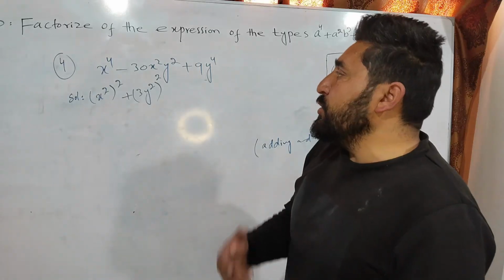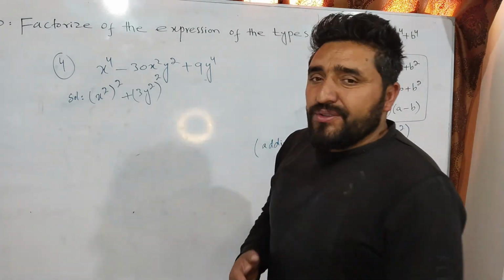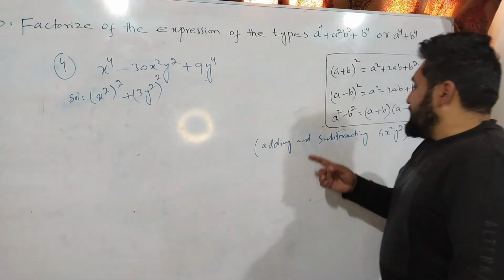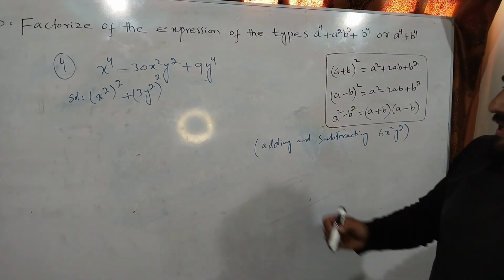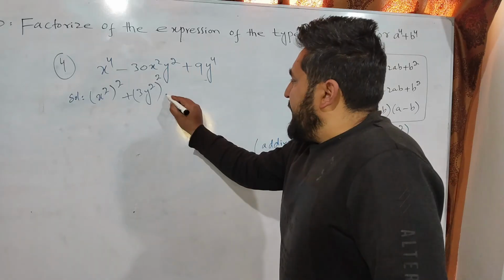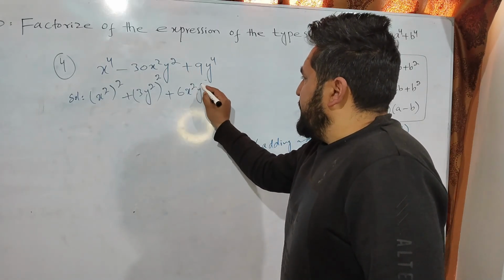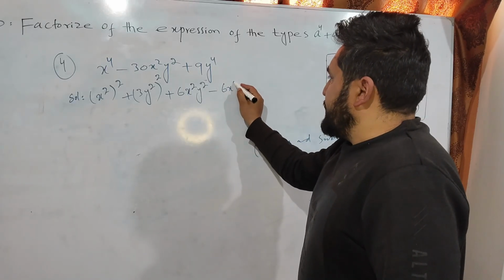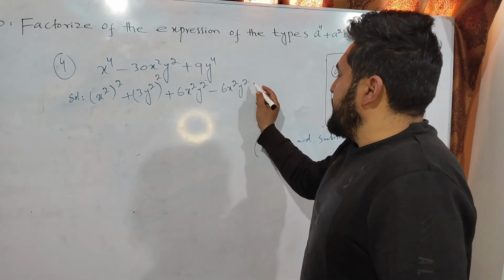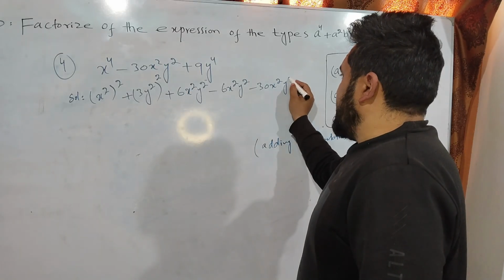And we all know that 36 is a square term. So that's why we add and subtract 6x square y square. Now plus 6x square y square minus 6x square y square minus 30x square y square.